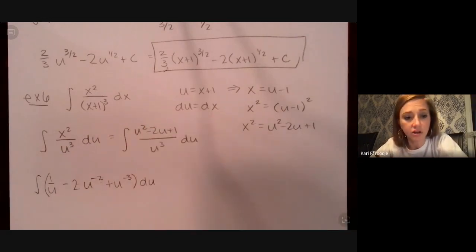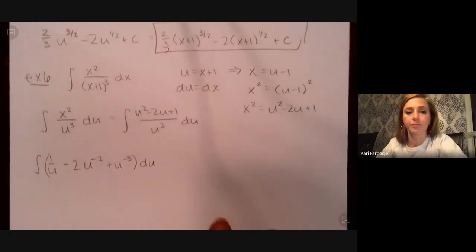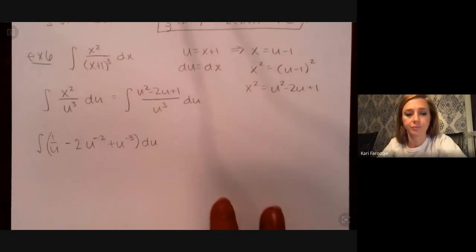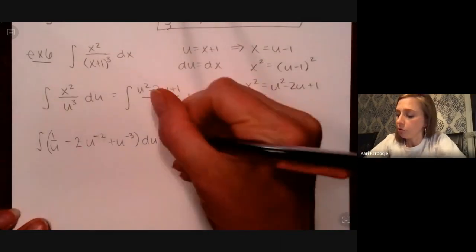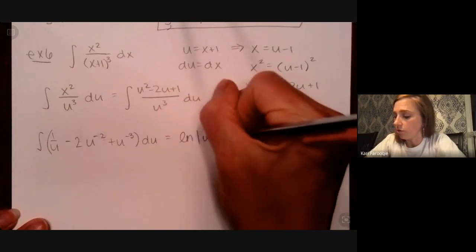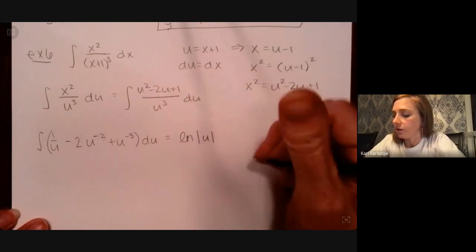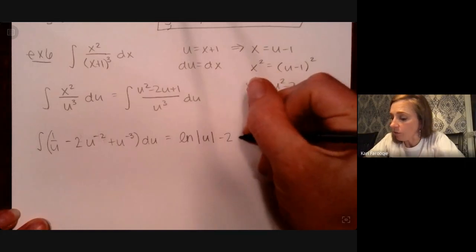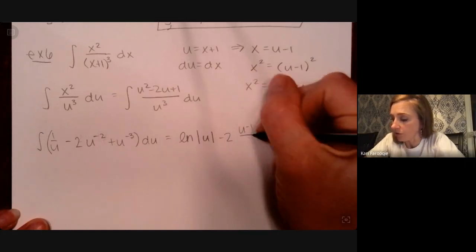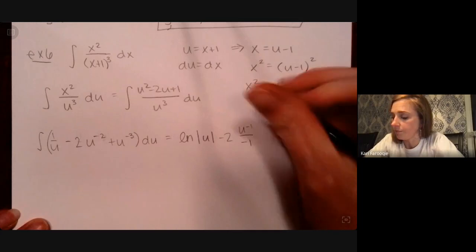So we haven't actually integrated yet. We've just rewritten the expression so that we can use the power rule with u. Now we'll integrate. The integral of 1 over u is the natural log of the absolute value of u. For u to the -2nd, increase the power by 1 and divide by the new exponent.